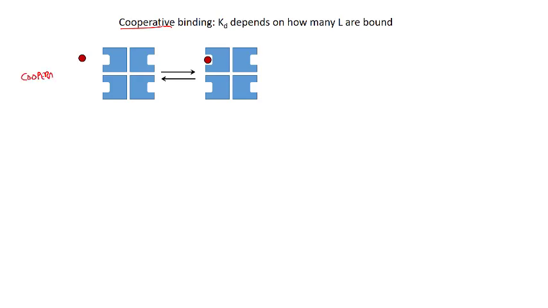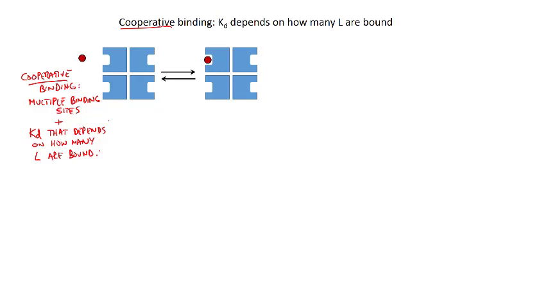Cooperative binding is an interesting phenomenon that you get whenever you have multiple binding sites and a KD that depends on how many ligands are already bound. If you don't have both of these, you cannot have cooperative binding.